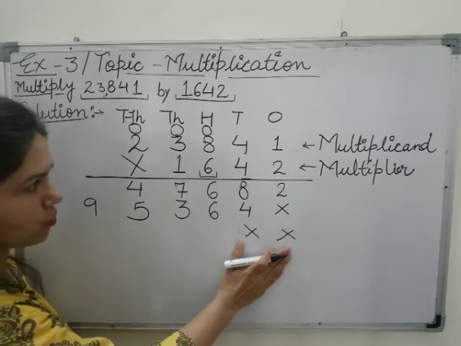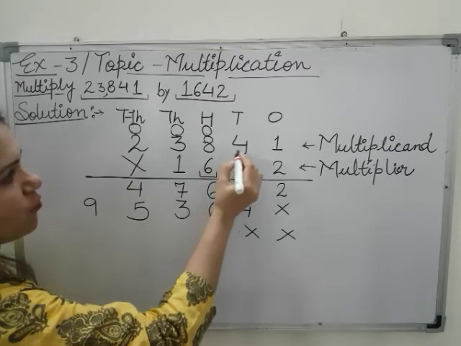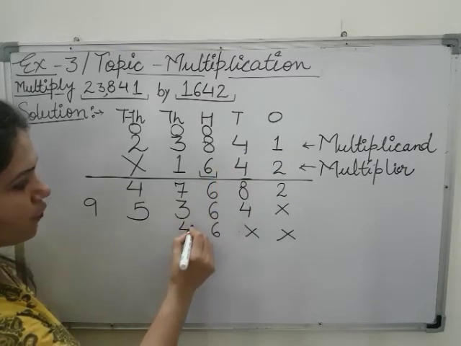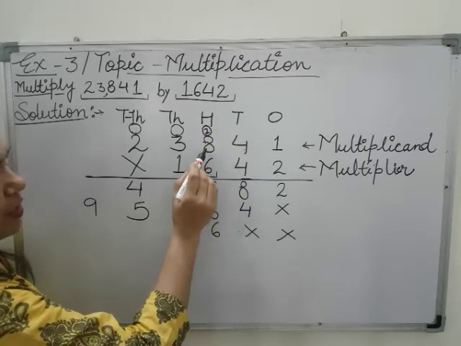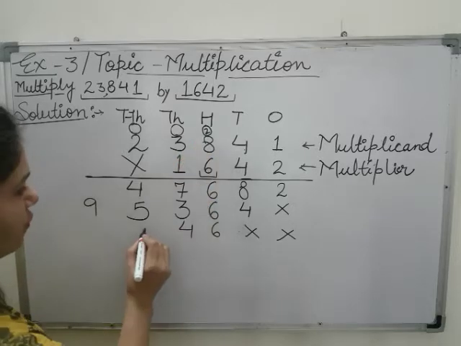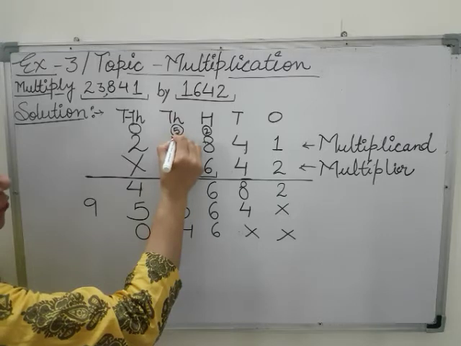So we are placing 2 crosses. Now 6 ones are 6, 6 fours are 24, 4 over here and carry 2. 6 eights are 48, 48 plus 2, it's 50. 0 here and carry 5.